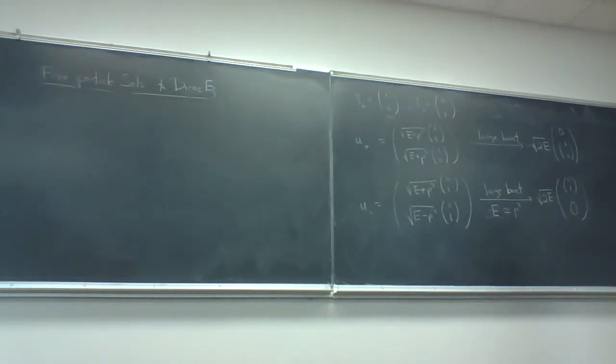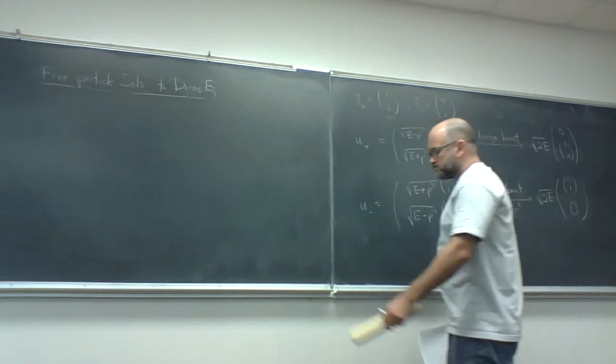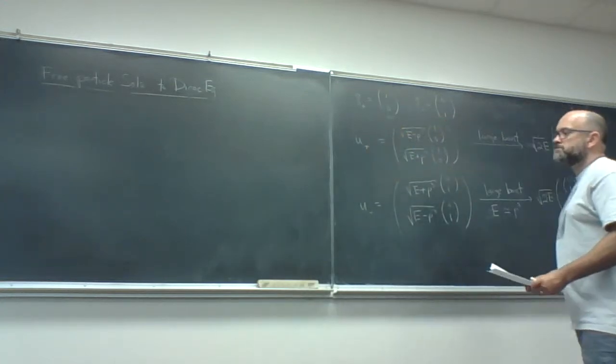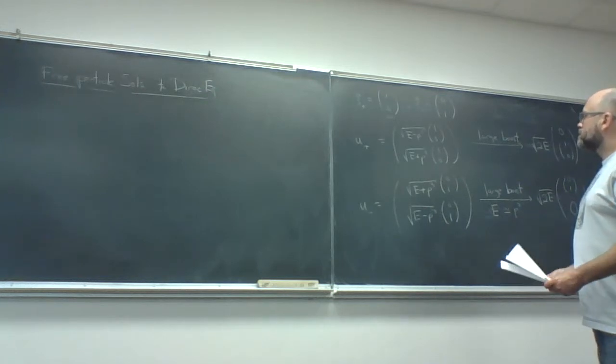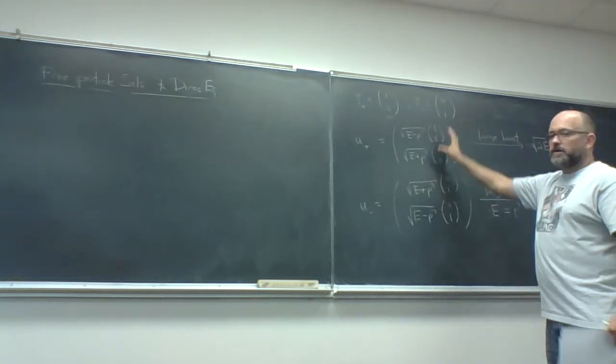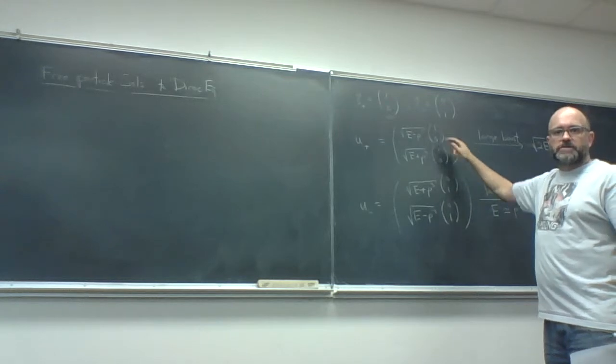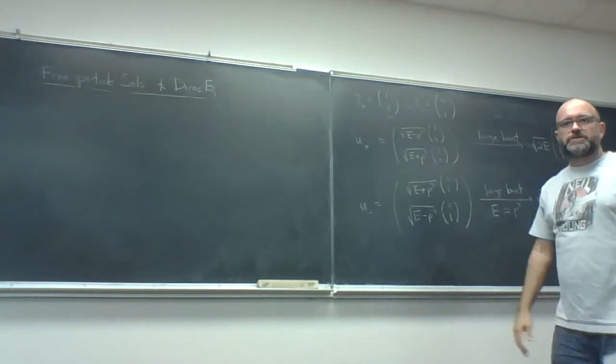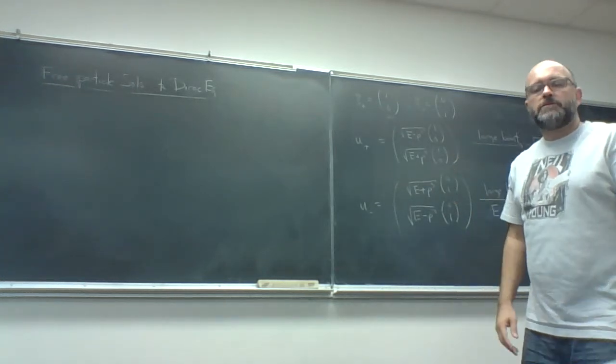I mean, just the way I see it is, if we're choosing to be spin up or spin down, doesn't that automatically reduce it to being a 2 component? No, because this is a 4 component spinner. It has 1, 0, 1, 0. Our solutions have to be 4 component vectors.